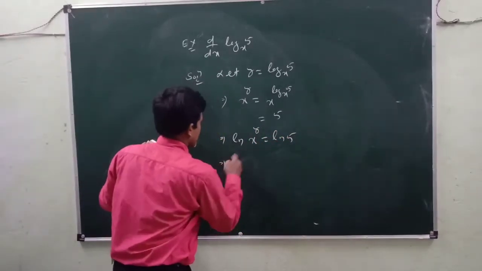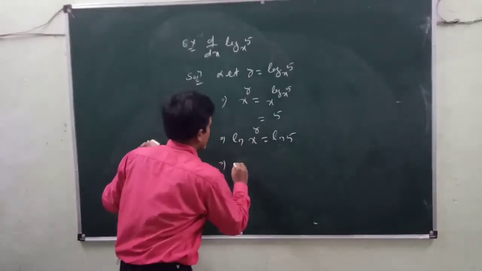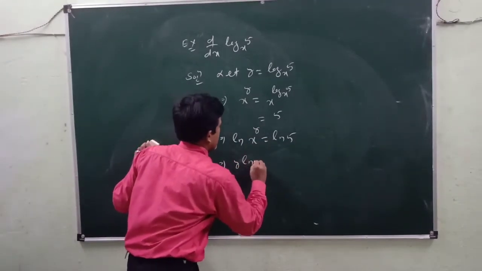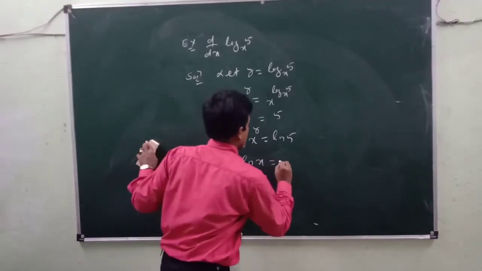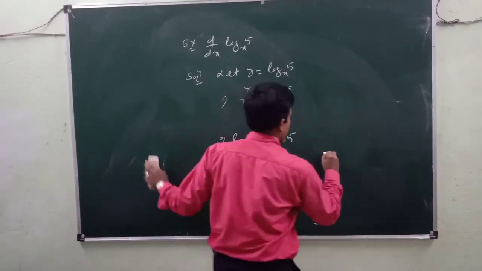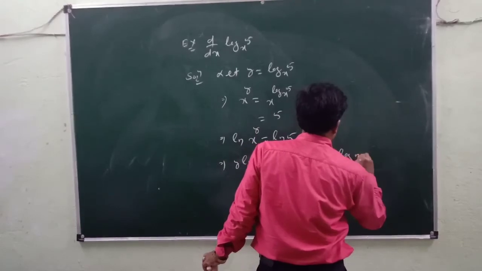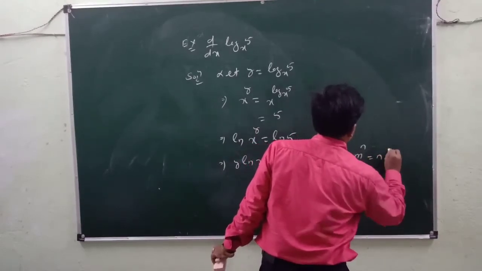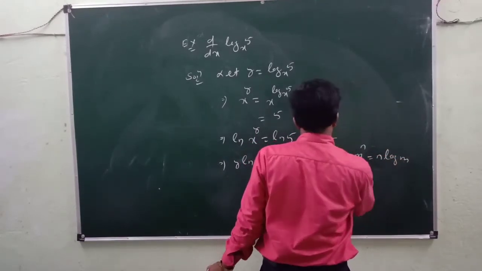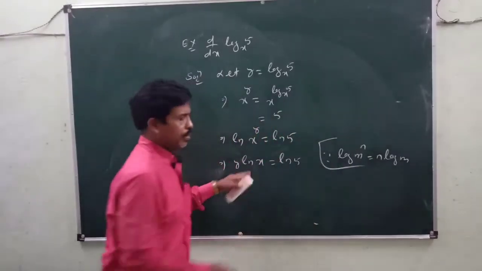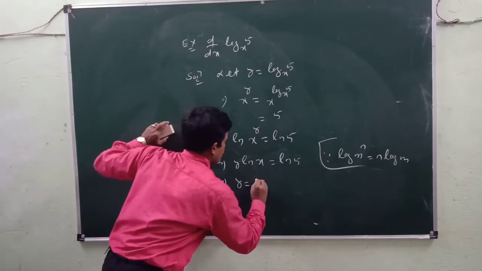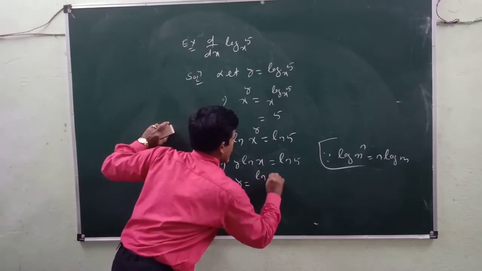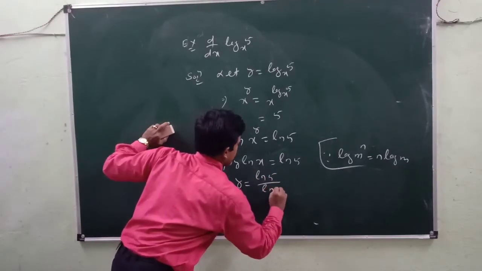Here, we know that log m to the power n is n log m. This formula I apply here, and that implies y equals ln 5 by ln x.